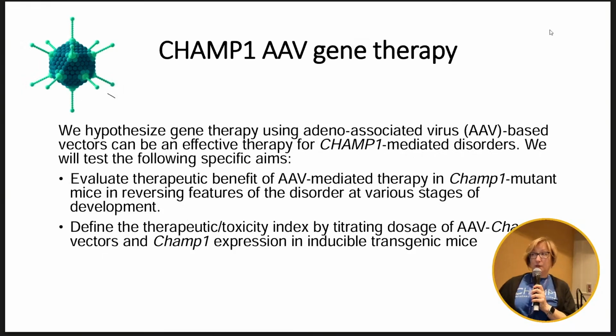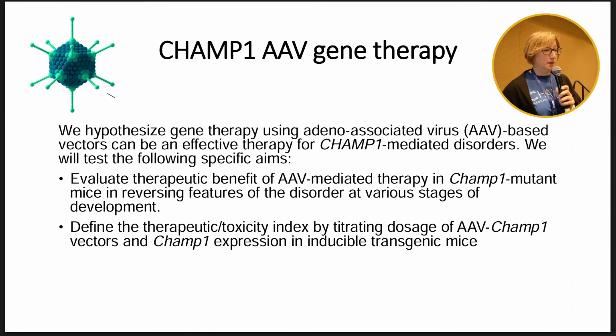We're also working on our hypothesis that gene therapy using adeno-associated virus would be an effective therapy for CHAMP1 disorders. It's a monogenic disease, and the gene is sufficiently small that it could be packaged into AAV. AAV has been around and shown to be efficient for multiple other diseases.